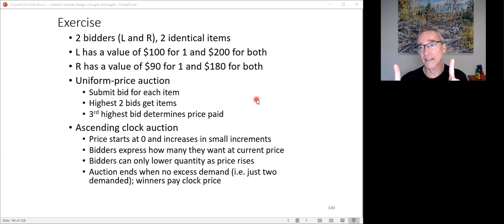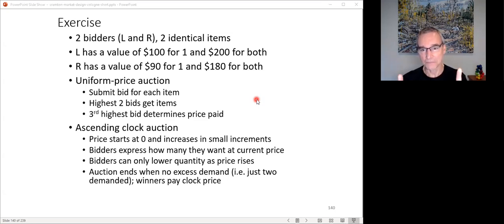And guess what? The auction ends at a price of 0. And then Isabel makes what? 100 rather than 20. So it does much, much better. And that actually is the unique way to play this ascending clock auction.